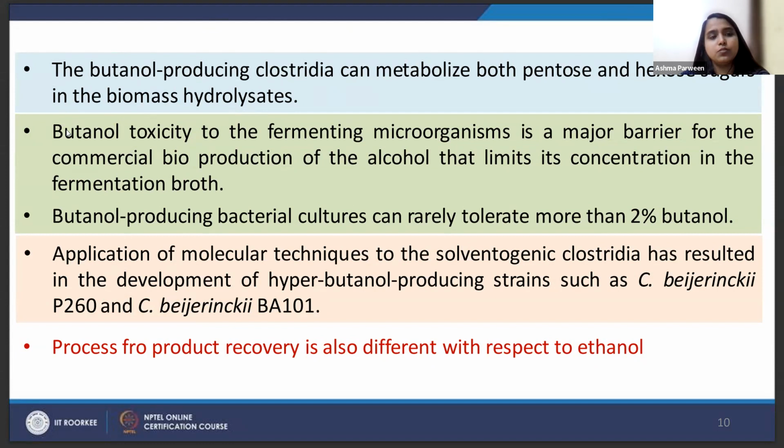But there is one problem: butanol is very toxic to the fermenting microorganisms. As soon as the concentration of butanol is greater than 2%, it starts inhibiting the growth of these fermenting microorganisms. So some techniques are used for recovery of the butanol from the product.